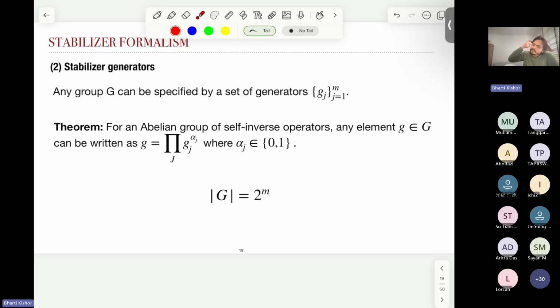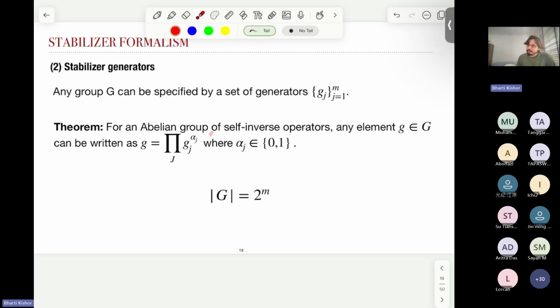Any group G can be specified by a set of generators. To specify the stabilizer group, you don't need to talk about every element, just the generators. And there is a beautiful theorem: abelian means the elements commute, and the stabilizer group is abelian because its elements commute.